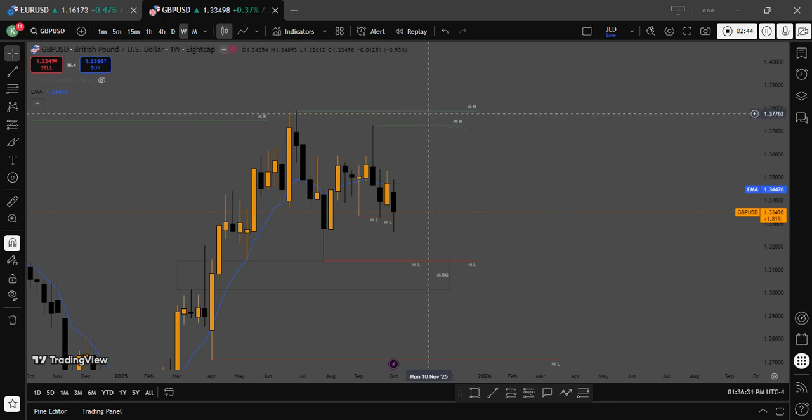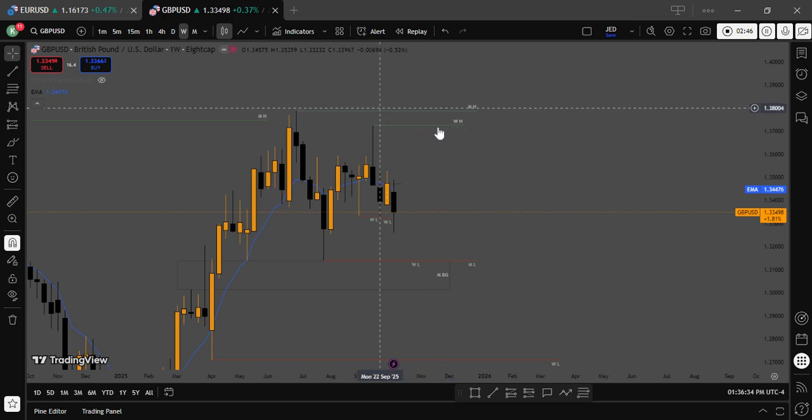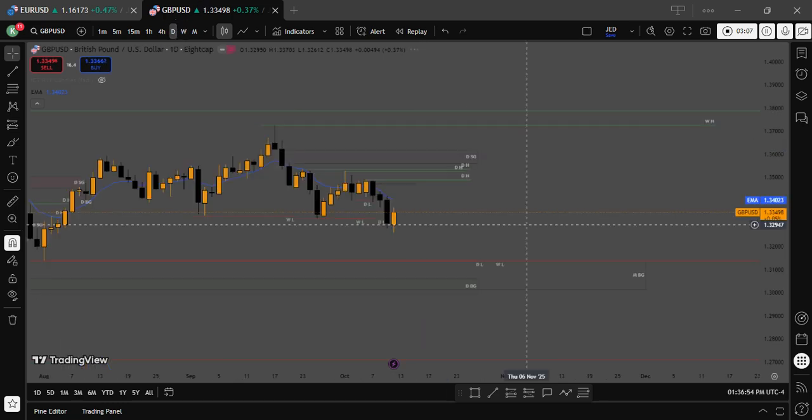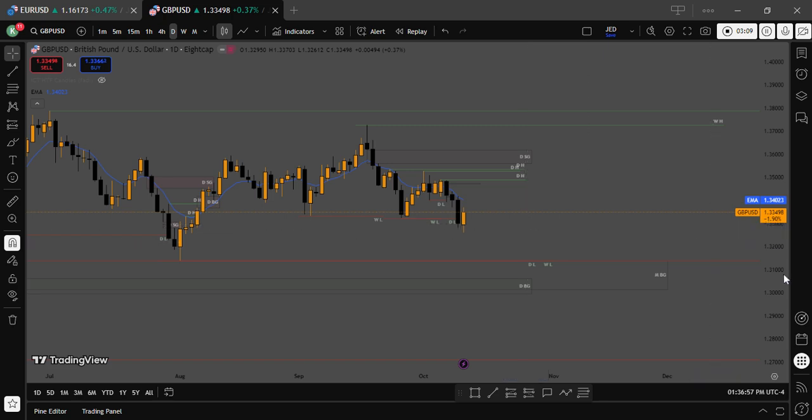It can be possible we can come to this high, but I'm not sure we can come over to this side. Maybe we can hover around here, create a high, and use that high to drop once again. But once we have taken this low, I might see for this week that we might have some pushes up.